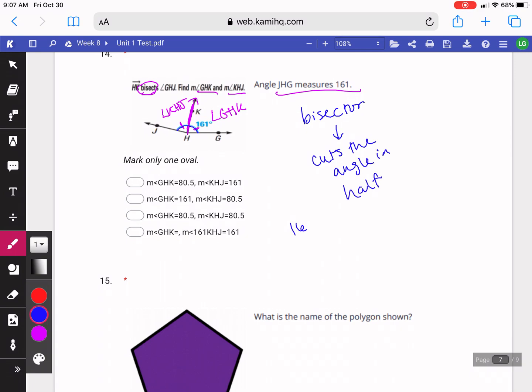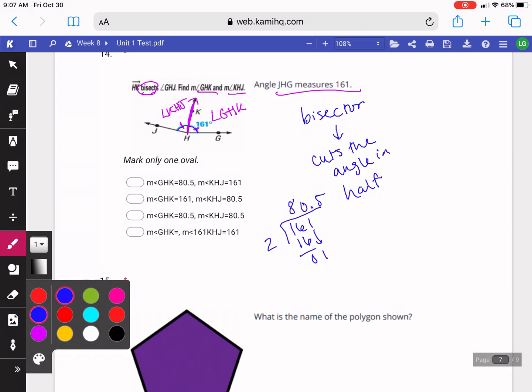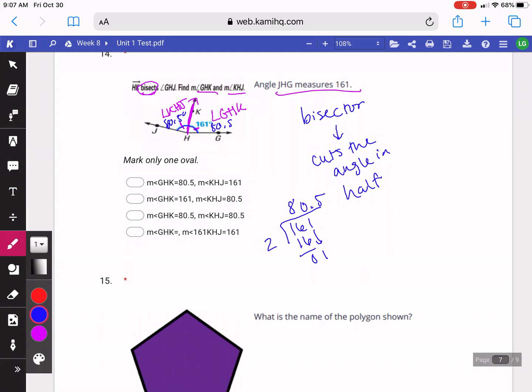So if we divide 161 by 2, we get 80.5. Each of the little angles would be 80.5 degrees, because if you add them together, you get 161. So the correct answer here was the third one.